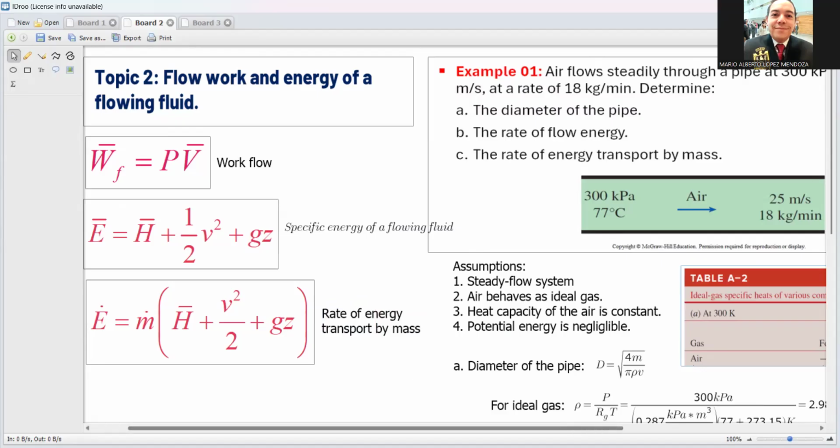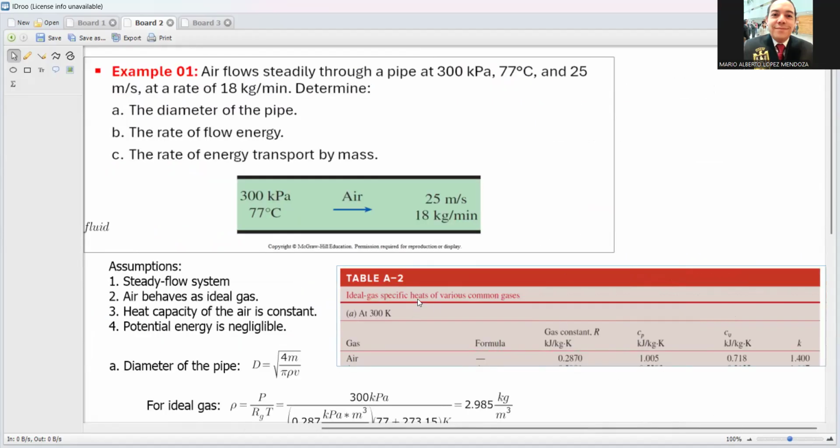So in this case, we're going to analyze the system. Here we have air flowing steadily through a pipe, and the air has specific conditions: 300 kilopascal pressure and a temperature of 77 degrees Celsius.